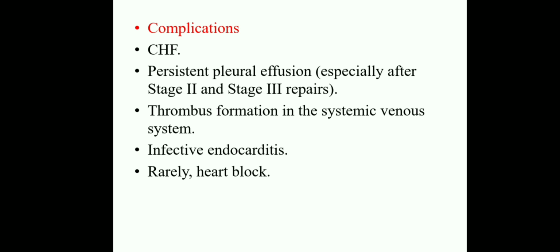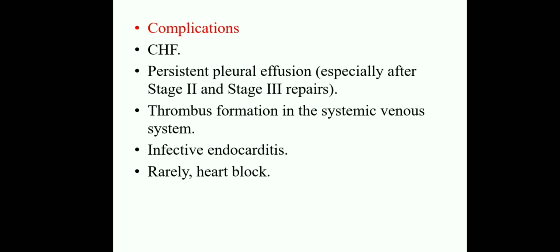This is about tricuspid atresia. All of you clear? I am giving a brief summarization and conclusion of tricuspid atresia. What is tricuspid atresia? The congenital absence of the tricuspid valve is called tricuspid atresia. The tricuspid valve is between the right atrium and the right ventricle.